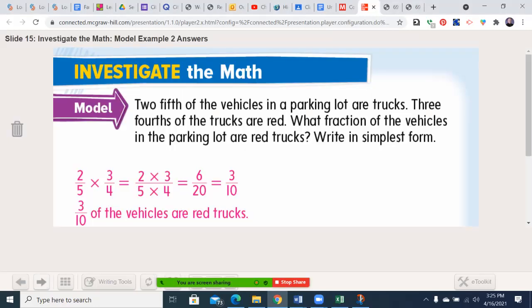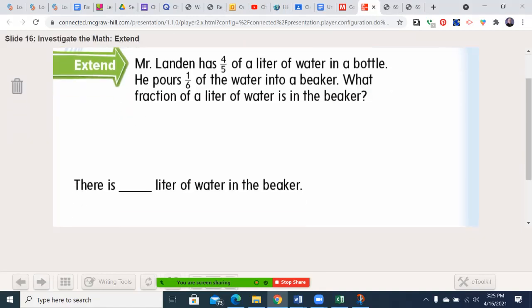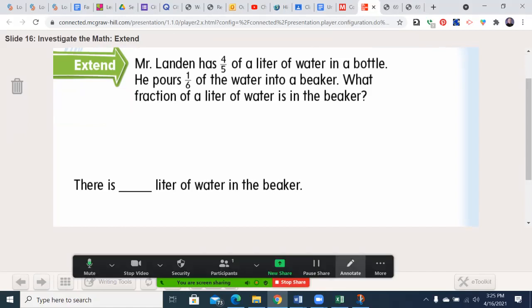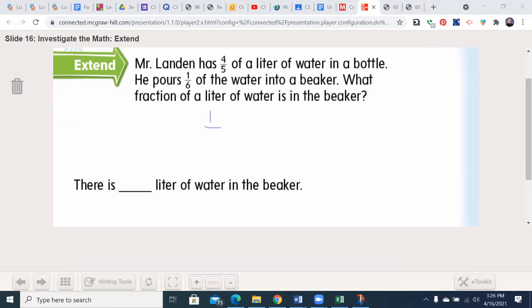Moving on here, you see the answer. Mr. Landon has 4/5 of a liter of water in a bottle, and pours 1/6 of the water into a beaker. What fraction of a liter of water is in the beaker? So we have 1/6 times 4/5. And because of the commutative property, it doesn't matter which one goes first.